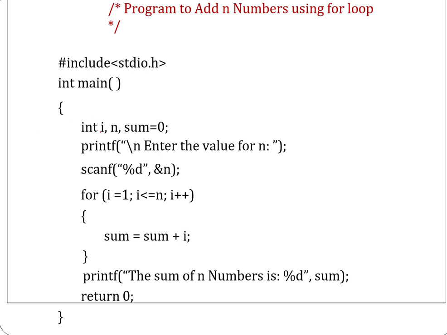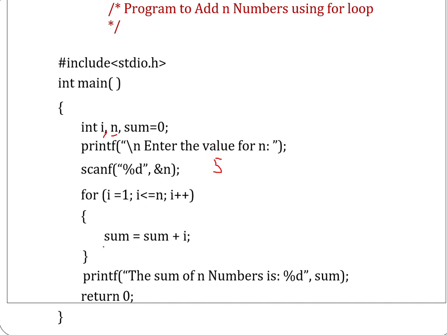And this is the example program. Here you have declared two variables, and you have declared a variable known as sum, and you have equated it to 0. Now you are going to use this for loop. Here i is equal to 1. We are checking for the condition if i is less than or equal to n. Suppose say n is 5. Obviously i will be less than n.